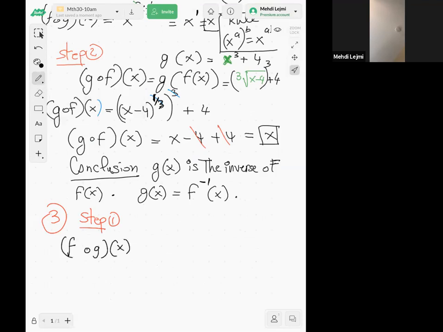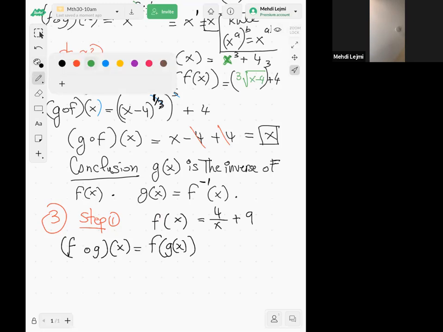Again, that's f of g of x. I think f of x is 4 over x plus 9. If I'm not mistaken, this is 4 over x plus 9. So there's an x in here. You see this one here, green x. So I'm going to substitute that x with g of x.